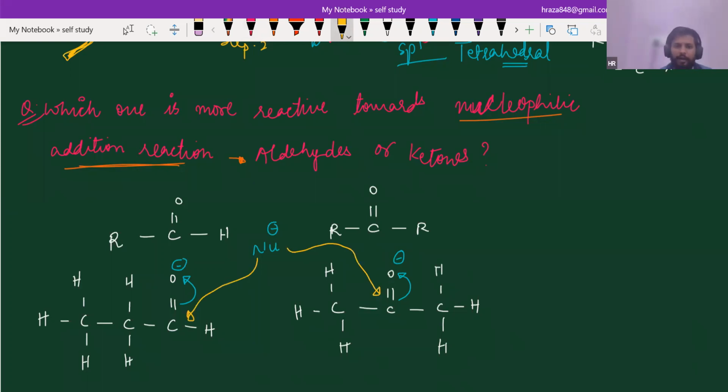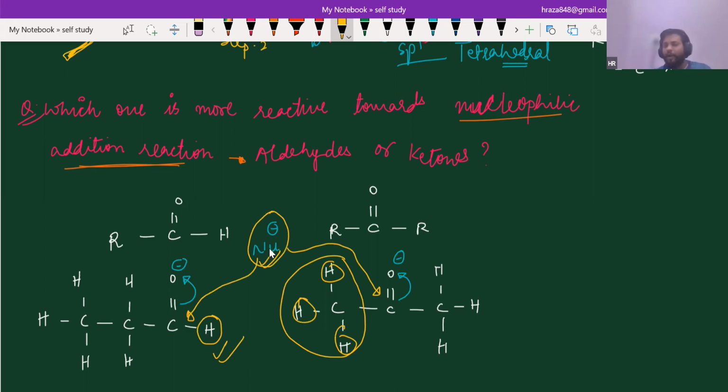You can see that there is only hydrogen that will repel this nucleophile. Why will hydrogen repel? Because hydrogen has an electron and the nucleophile also has an electron, so they will repel each other. But at the same time, this whole CH3 group, which has a lot more electrons than this hydrogen, will be repelling this nucleophile.